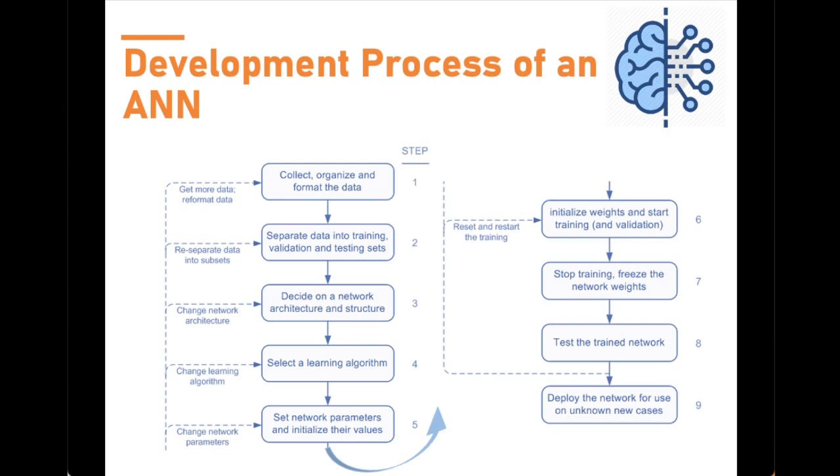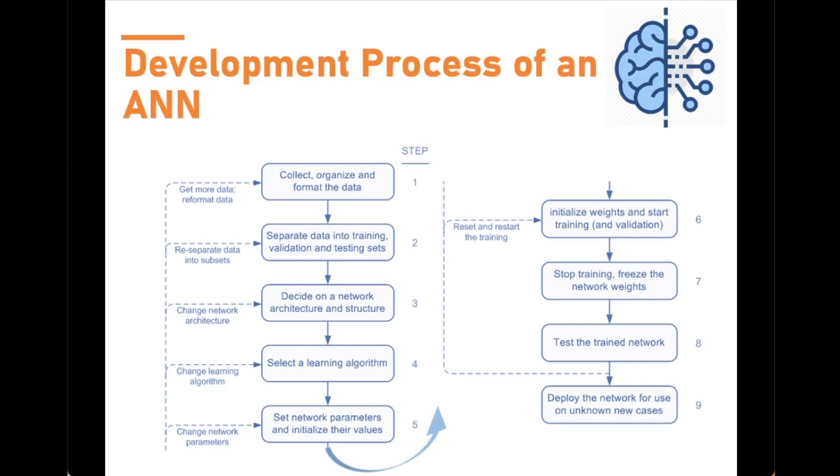So in step 1, we gather the relevant data for training and testing the network. Here in this step, we pre-process the data by cleaning, normalizing, and transforming it into a suitable format for the neural network we are developing.